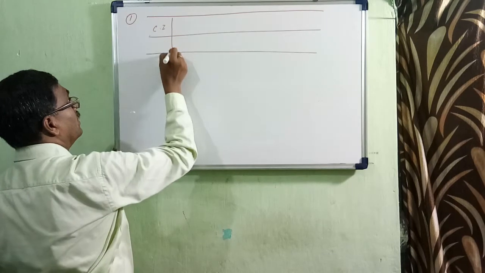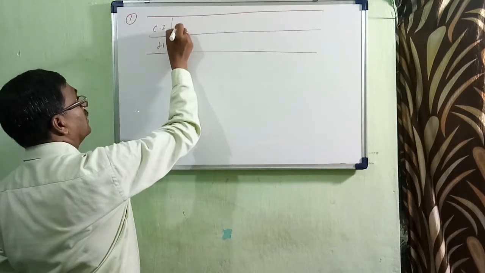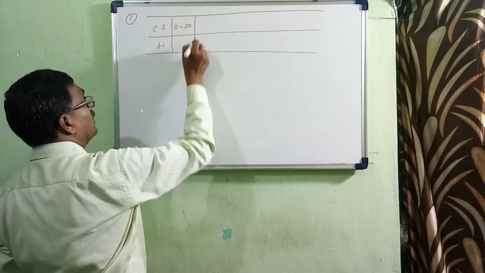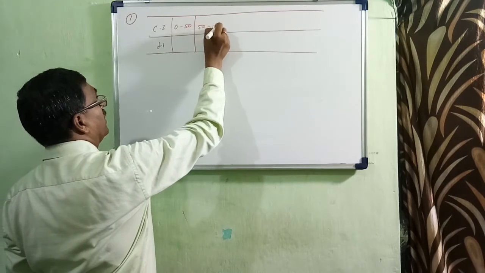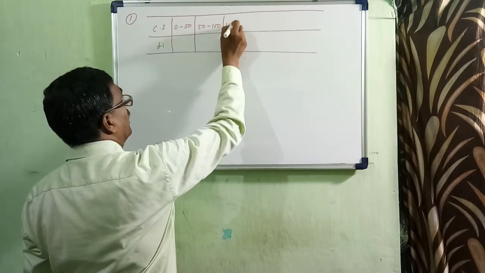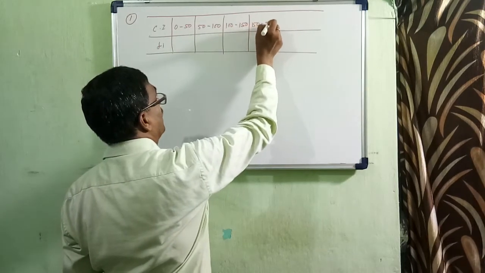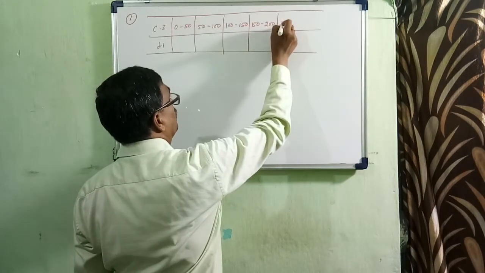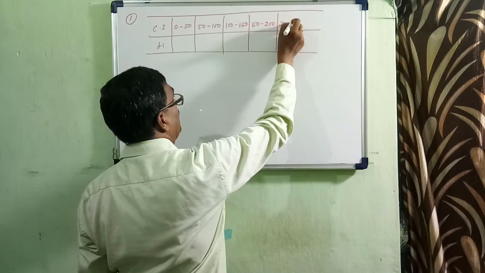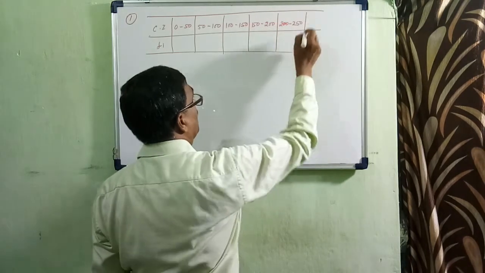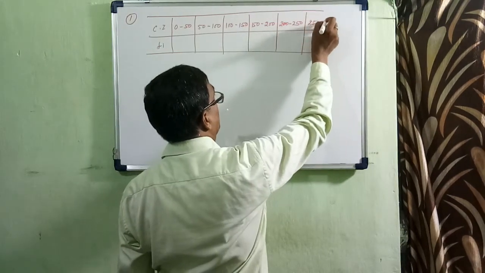CI, FI: 0 to 50, 50 to 100, 100 to 150, 150 to 200, 200 to 250, 250 to 300.